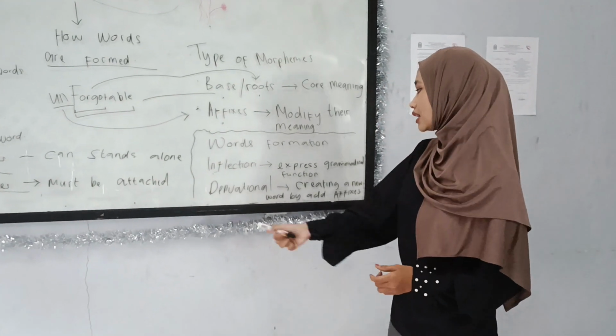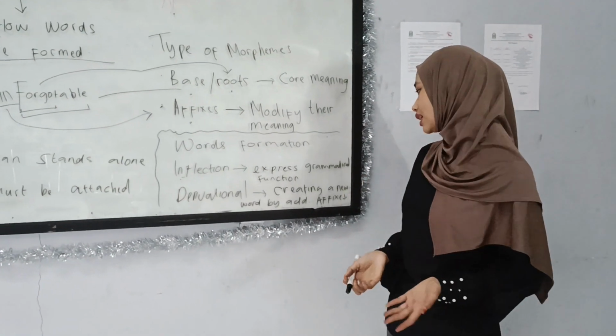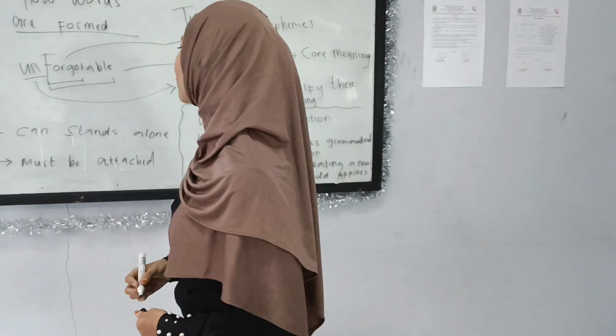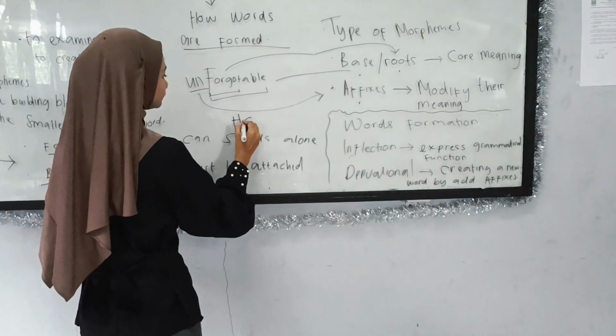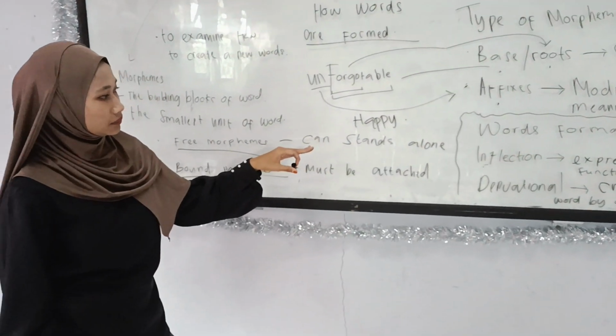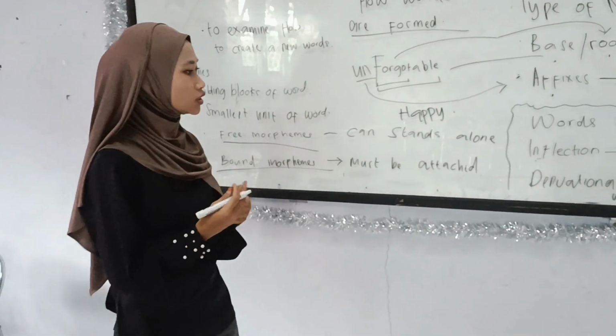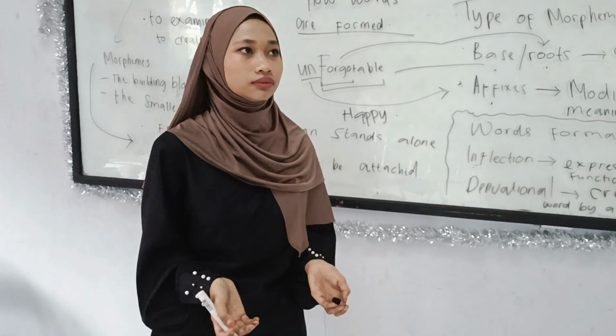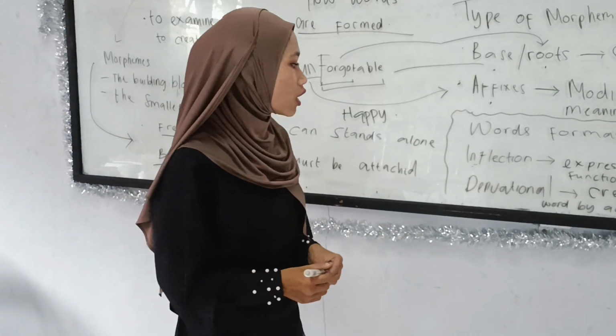And then I have derivation. It's to create a new word by adding some affix, like happy, happily. This is the base of the roots when we want to change this into happily, happiness, and so on.